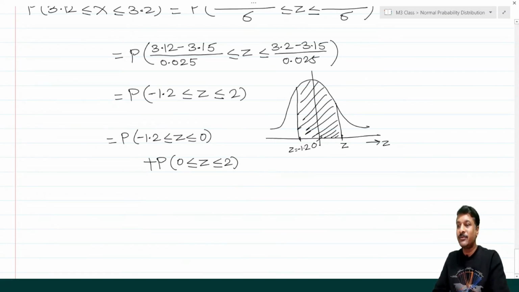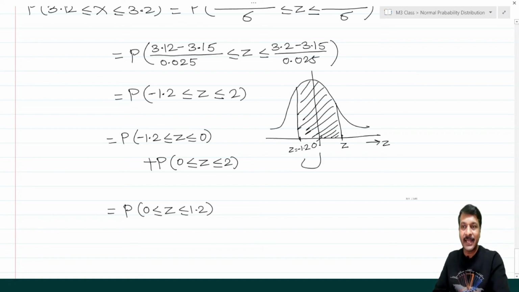So by using this I can write probability of minus 1.2 to 0 is same as 0 to 1.2 because it is symmetric, plus probability of 0 to z equal to 2. So both values are given.